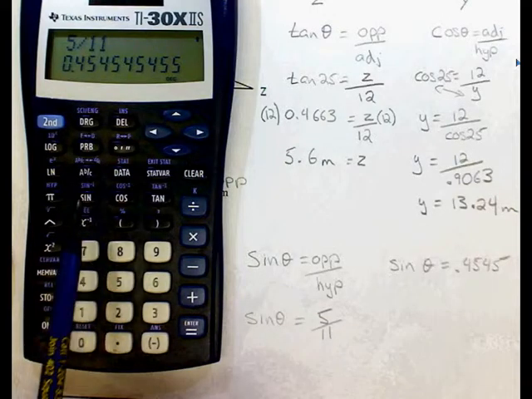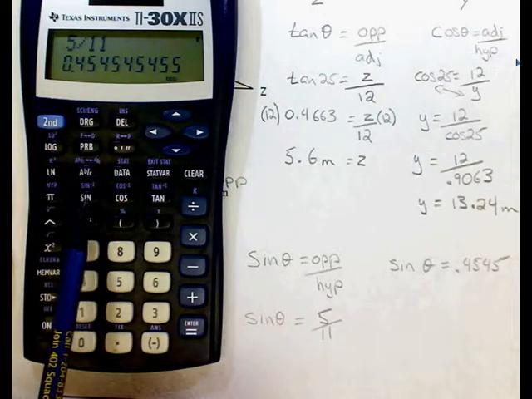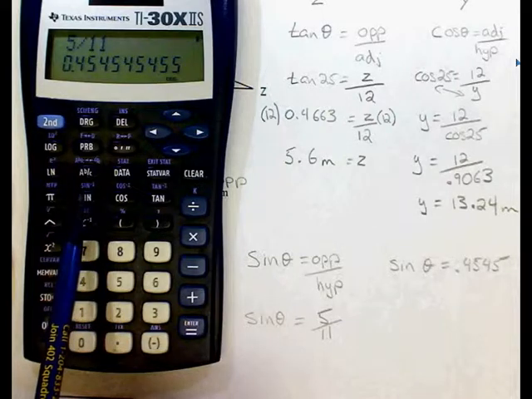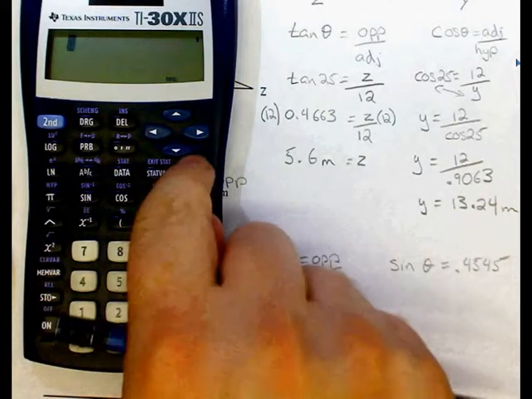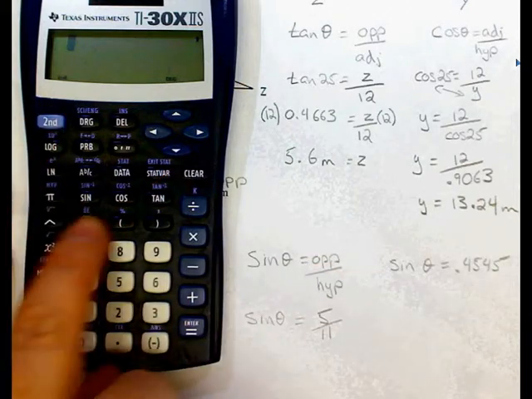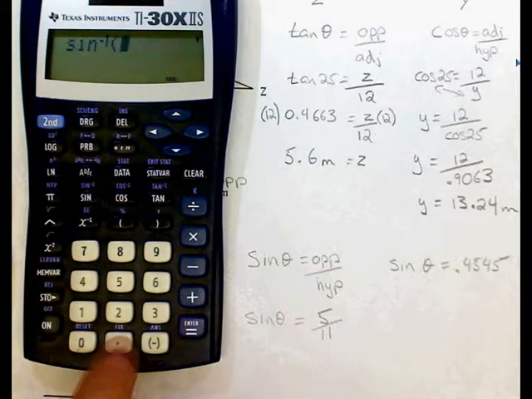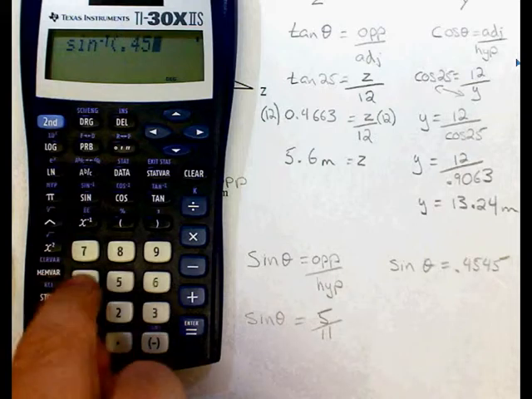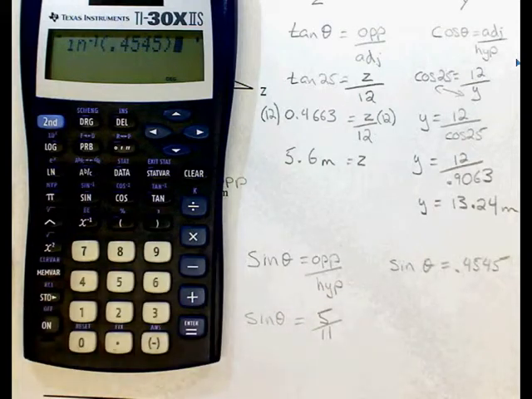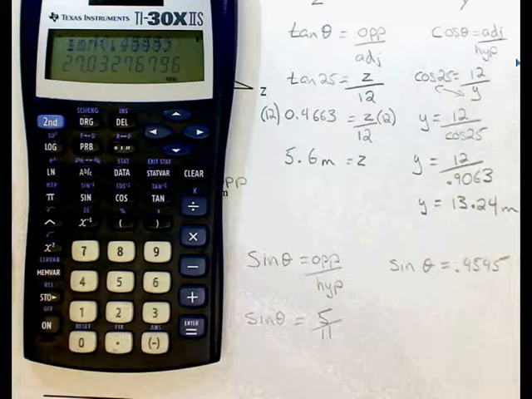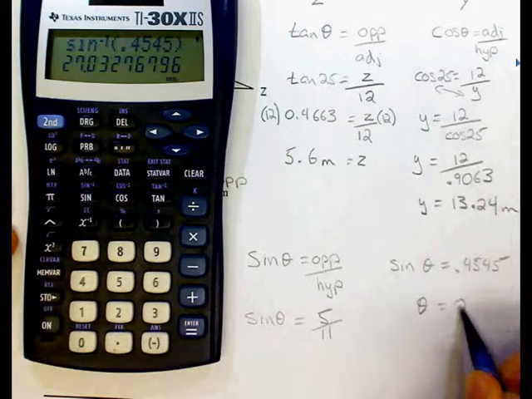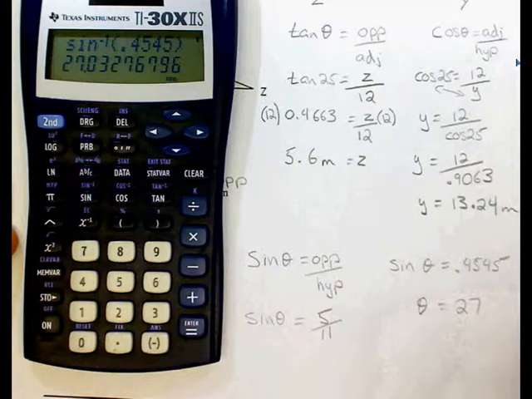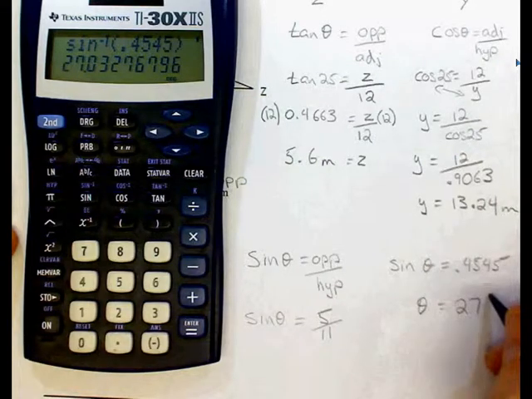So if we look to our calculator, above our sine button is sine to the negative 1. So we clear our calculator. Second function, sine of 0.4545, close the bracket, equals. My angle is 27.03, so 27 degrees.